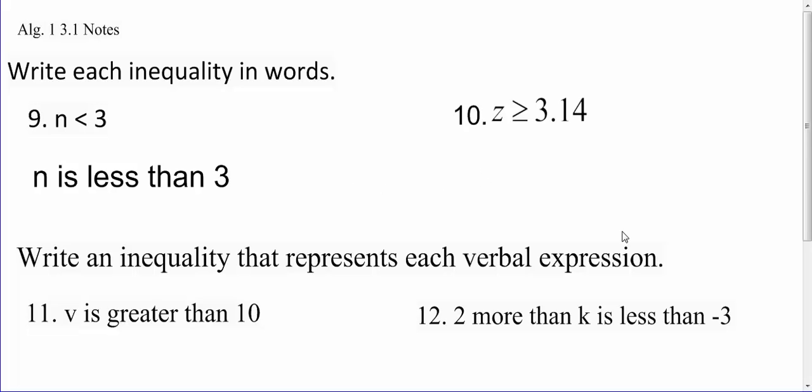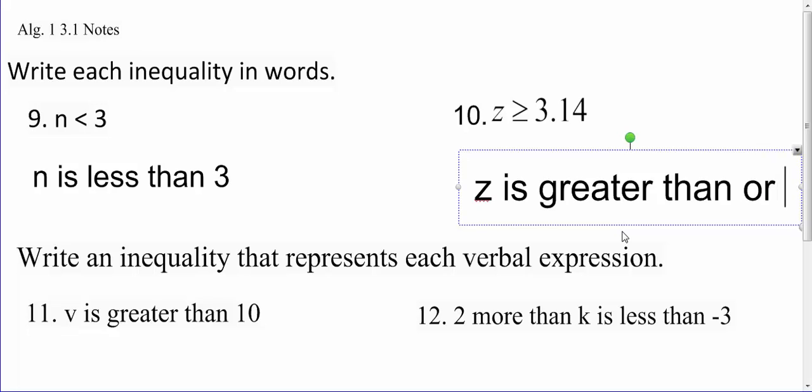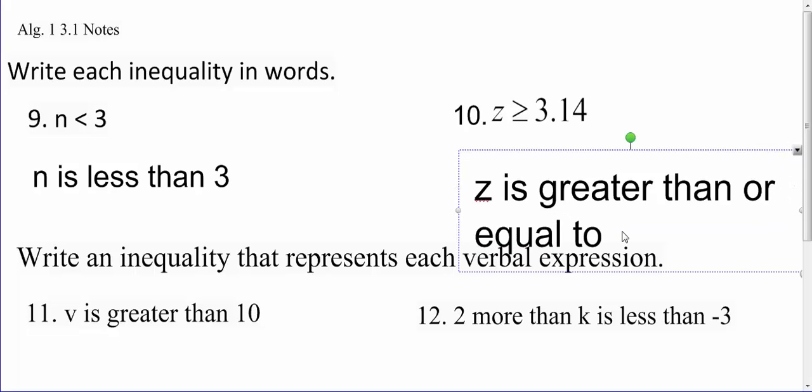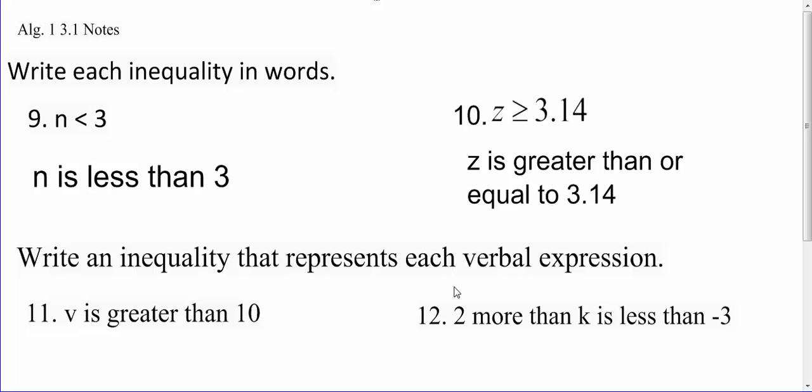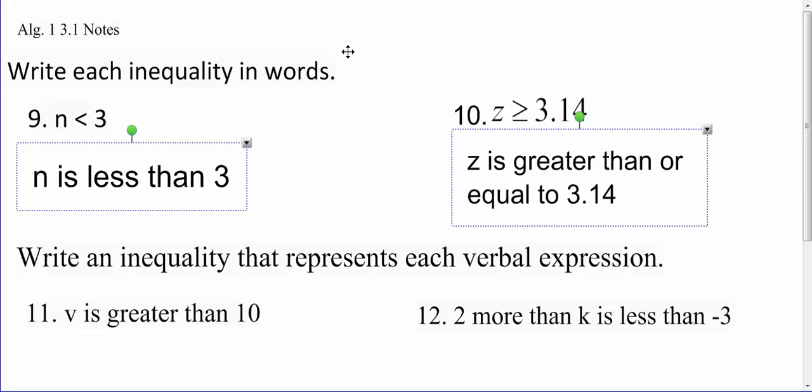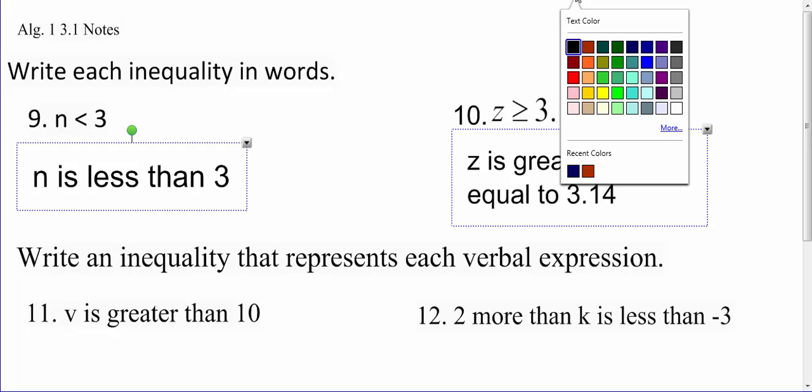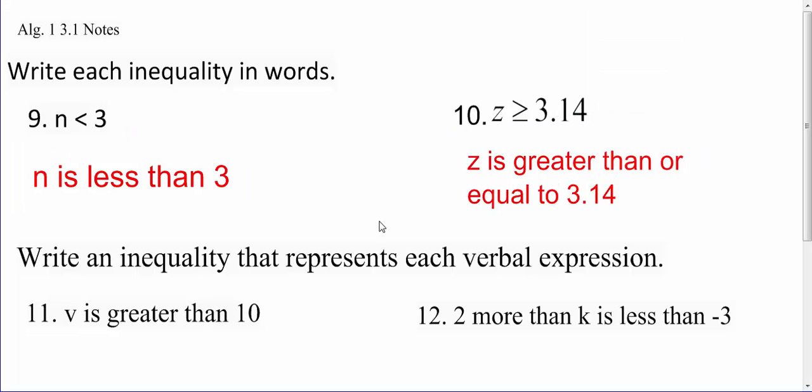For number 10, z is greater than or equal to 3.14. So really nothing too complex about these problems. Just put into words what you're seeing in the inequality.